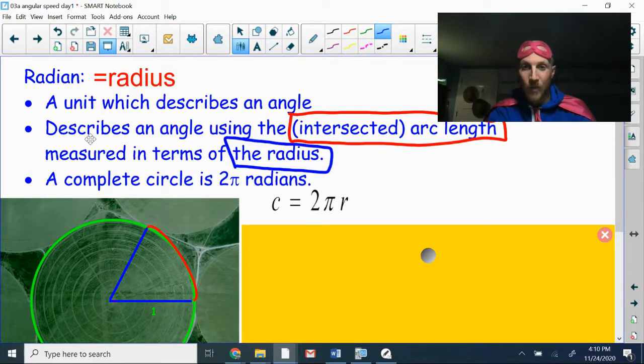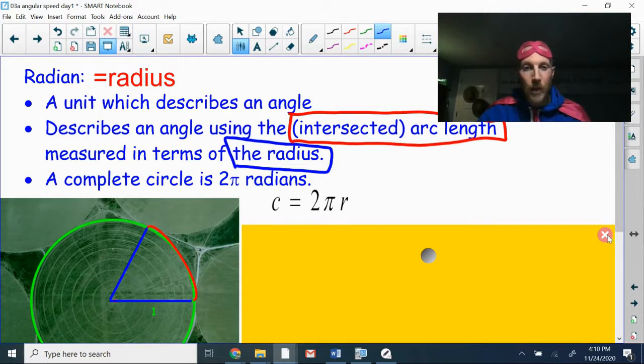Arc length is a distance measured in terms of the radius, which is also a distance. So we're going to take that 585 centimeter total distance and chop that up into chunks. Each chunk is going to be the size of the radius.